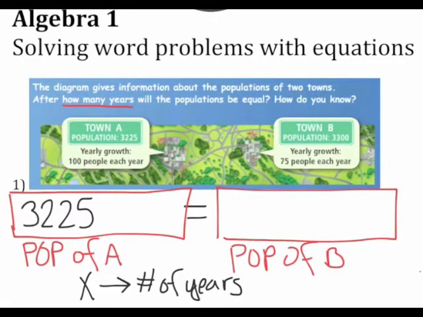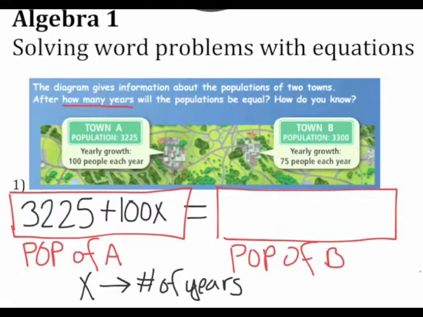So how exactly do we write that? Well, remember that we can use this number, 100, and we can also use our unknown, x. I hope that it's pretty intuitive that we would add 100 people per year times the number of years. So 3,225 plus 100x.